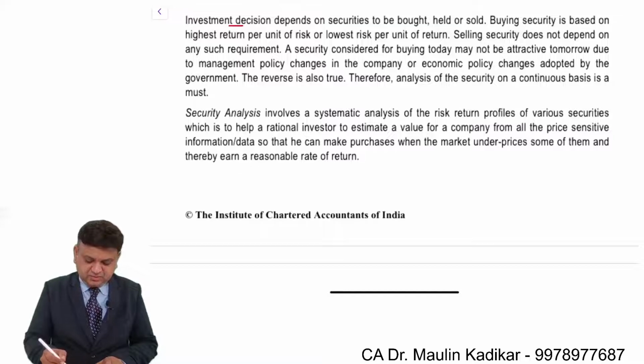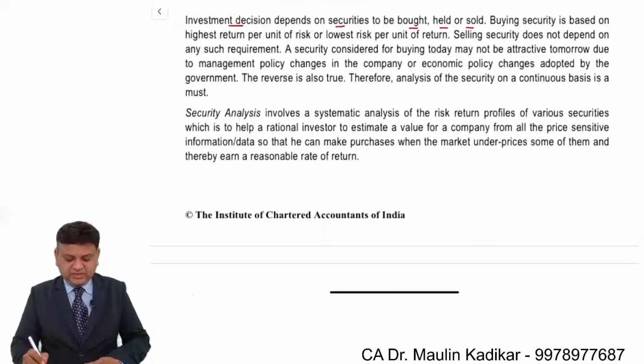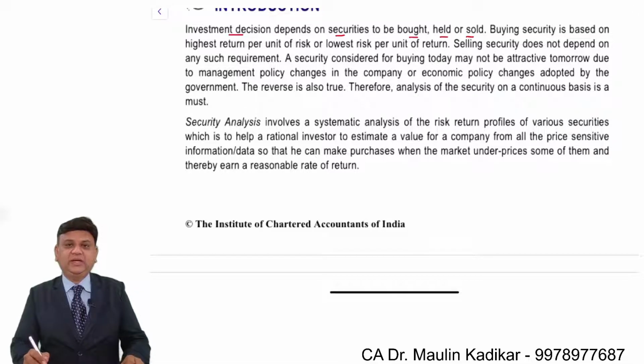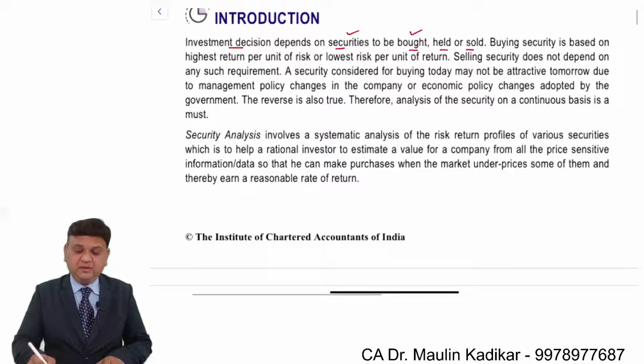Investment decision, that is capital budgeting, depends on the securities to be bought, held and sold. So over here the investment decision is about the investor. The investment decision on any security is when to buy, whether to hold or not, and when to sell.